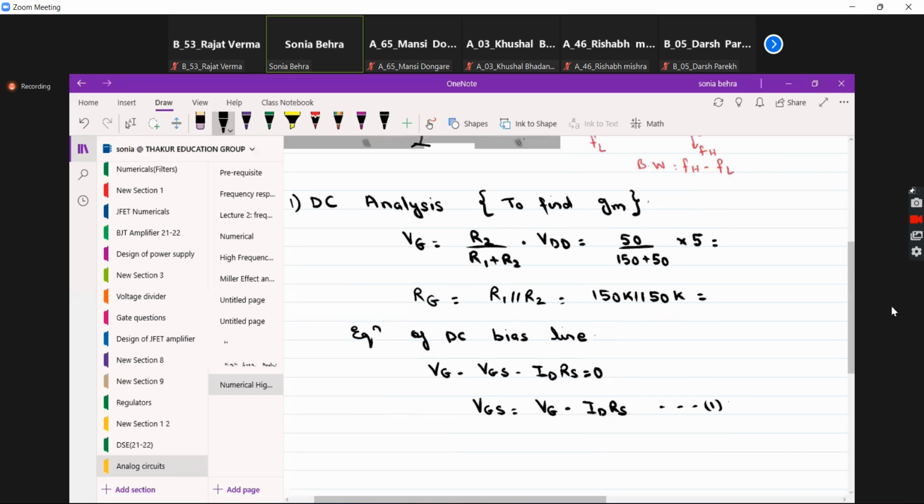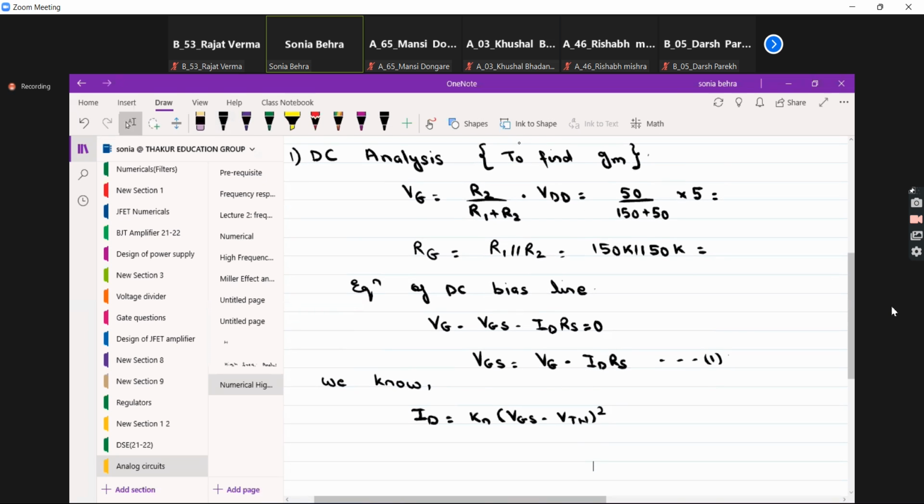And we know ID is equal to Kn VGS minus VTN the whole square. So in this we will put ID is equal to Kn.